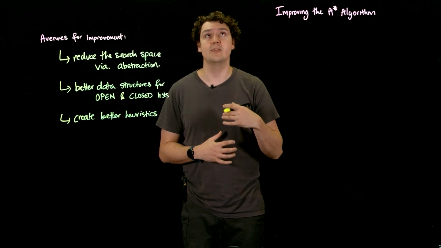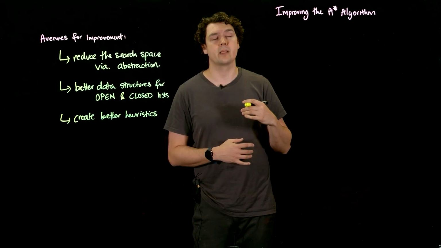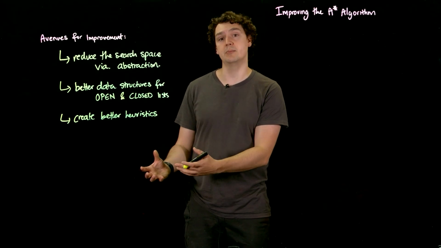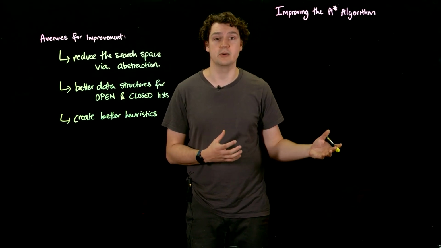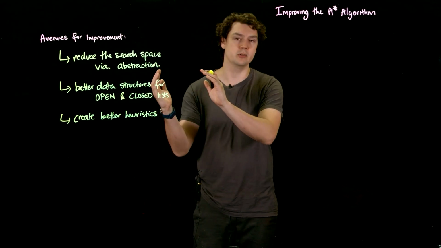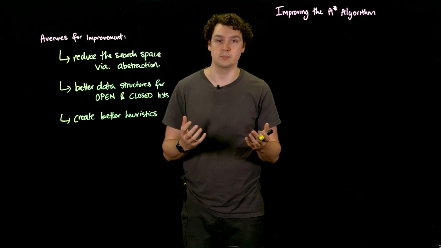And so if you can come up with something that is still both admissible and consistent, but actually is oftentimes or is sometimes more informed, right? It has a better estimate of really how far we need to go. Well, then we can kind of pair this with our other heuristics. And if you remember, when you use heuristics, you can actually try a whole bunch of them as long as they're fast to compute.